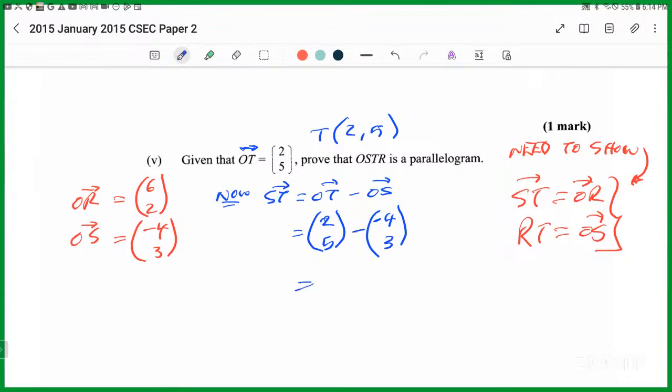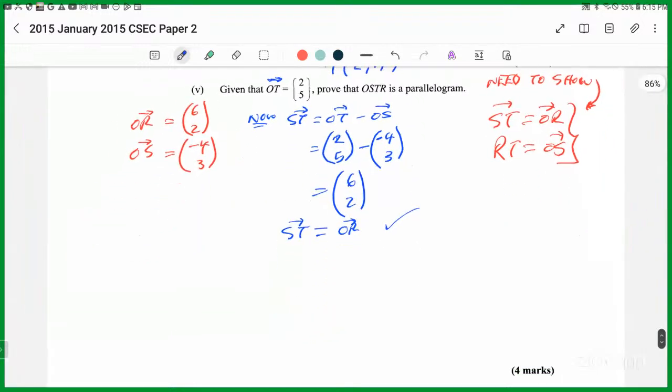Work this out. 2 minus negative 4 becomes plus, so 2 plus 4 is 6. And then 5 minus 3 is 2. And this is your OR. So that's that first part. So this is OR.